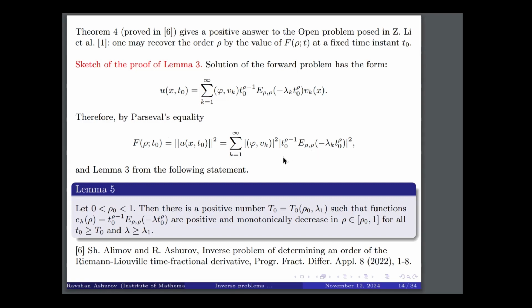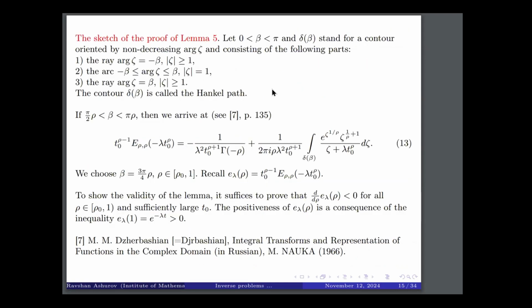So in fact, our lemma 3 follows from this lemma 5. It says that this function is a monotonically decreasing function for large enough t0. So to prove this, we just need to show that the derivative of this function with respect to rho is negative. So how do we do this?